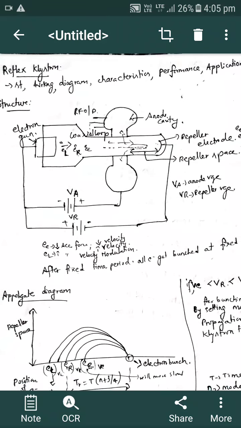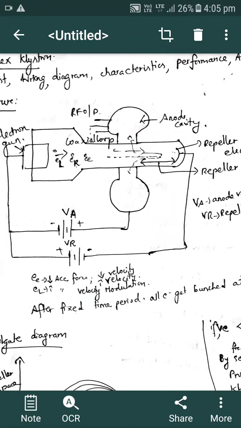So there will be the creation of a bunch of electrons in this anode cavity, which is the thing for generation of RF output.